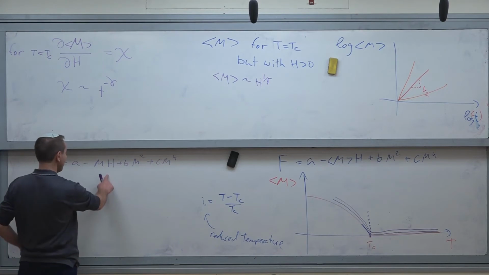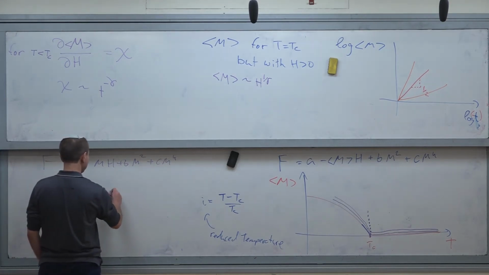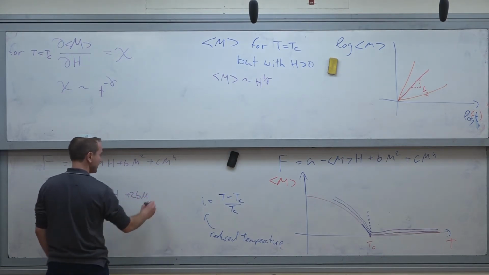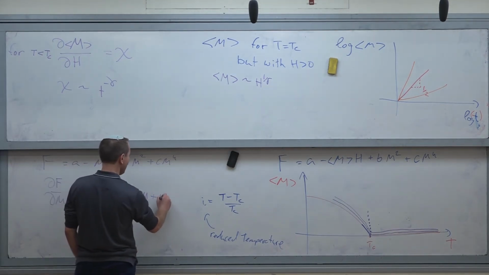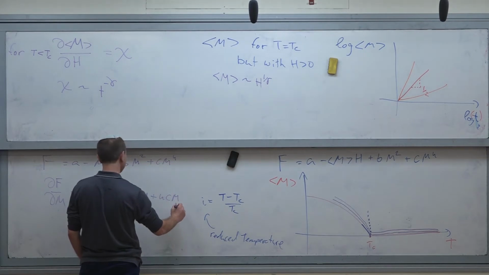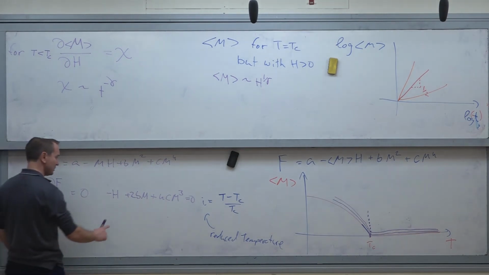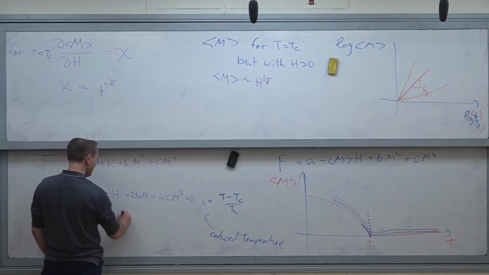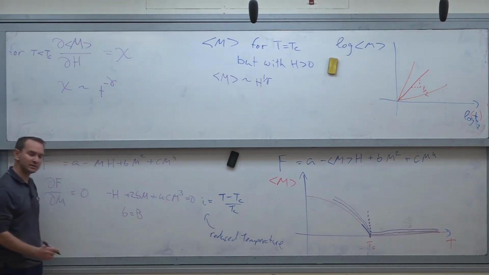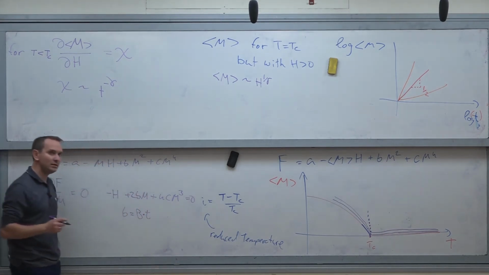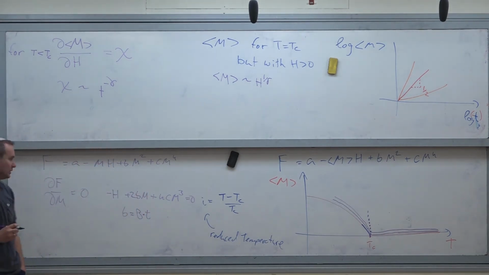So what we have here is minus H plus 2Bm plus 4Cm to the third equals 0. Now remember that B equals some constant b multiplied by t, which is our reduced temperature.